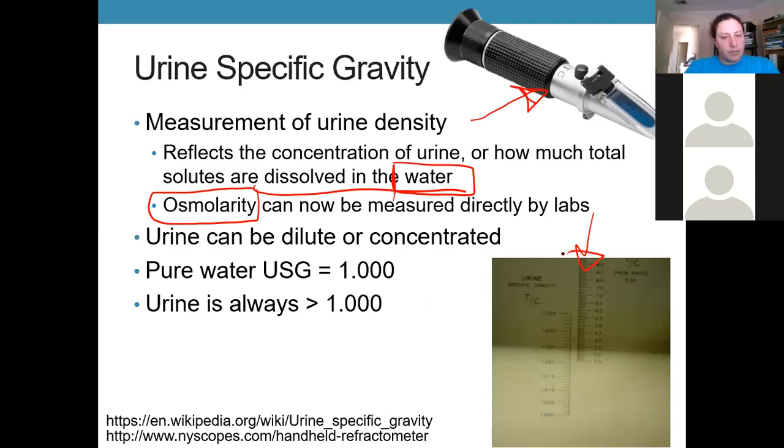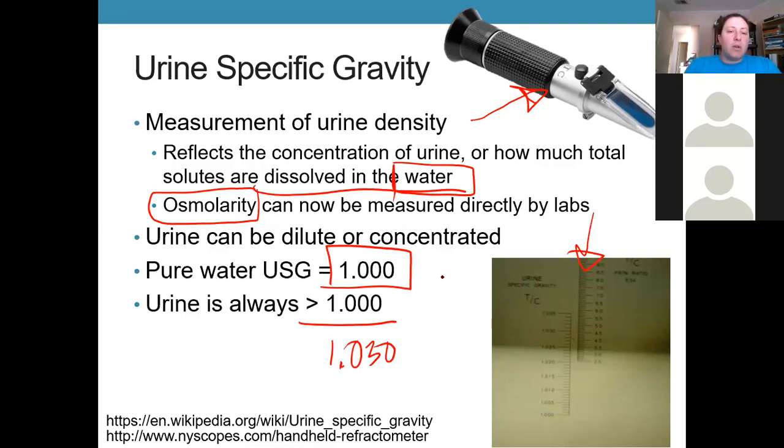So for comparison, the specific gravity of water is 1.000. There's always going to be something dissolved in the urine, which means that urine has to always be greater than 1.000. And typically it's somewhere between that and like 1.030, okay?